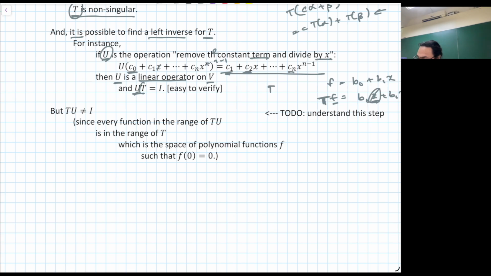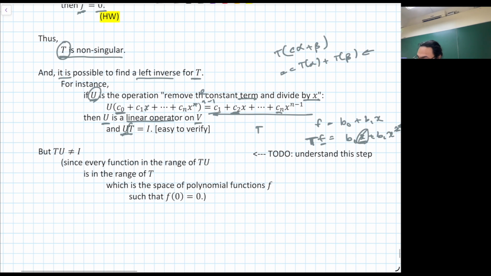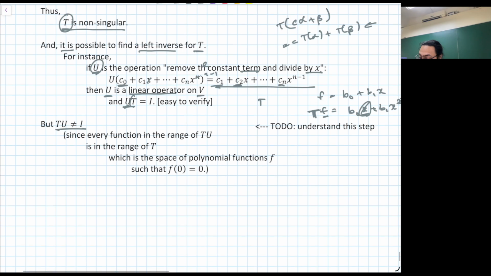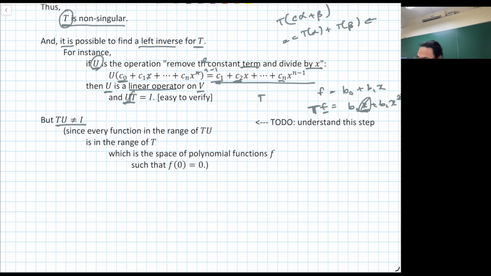All right. But it turns out that TU by itself is not identity. So let's just check. U is going to remove the constant term. So suppose we have acted on, say, b0 plus b1 x again. When we apply U, what would this give us? It would give us b1.